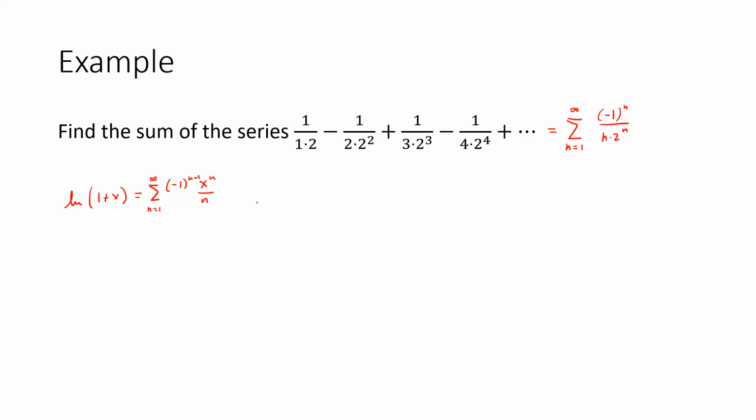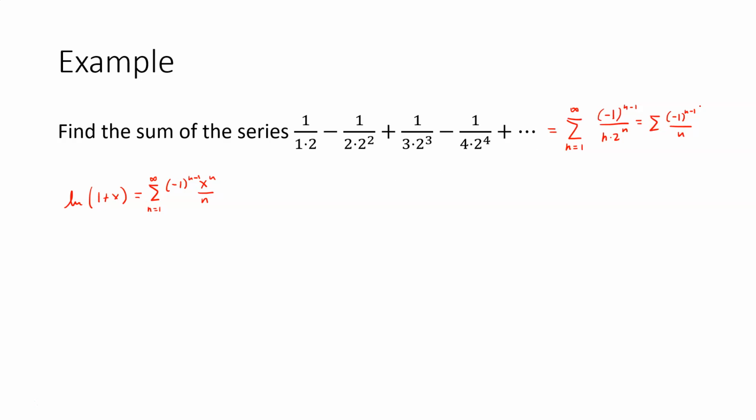And why am I using this? Well, notice that essentially it's the same series here. It's got the negative 1 to the n minus 1. It's got that part there. And it's got the n in the denominator.